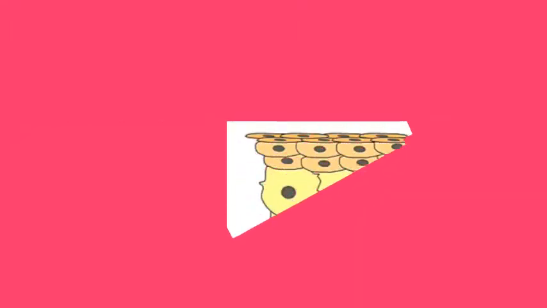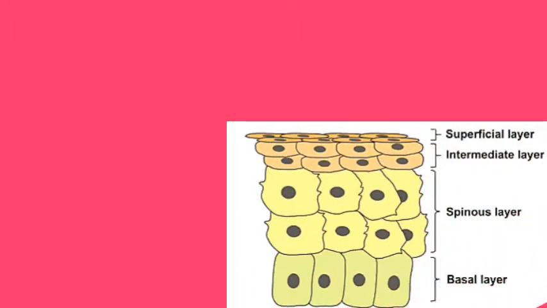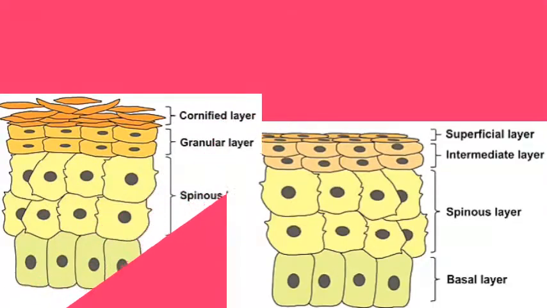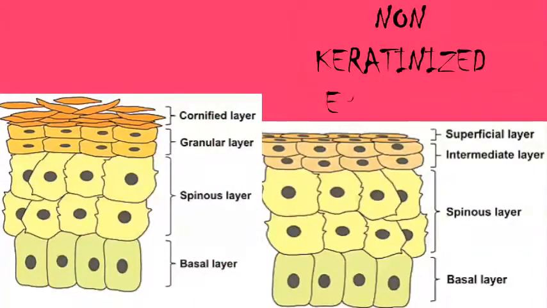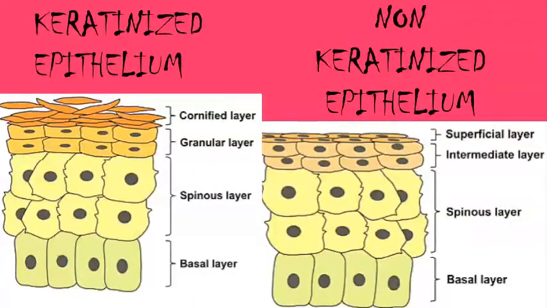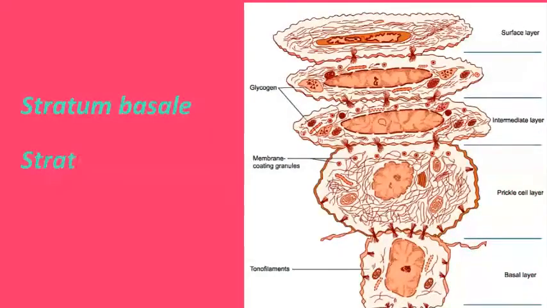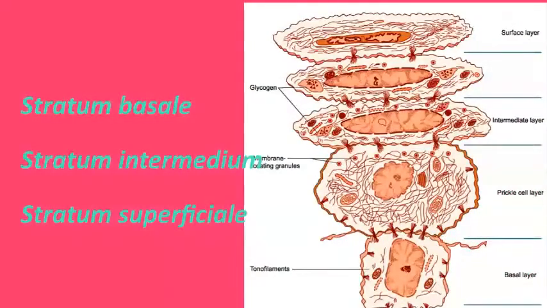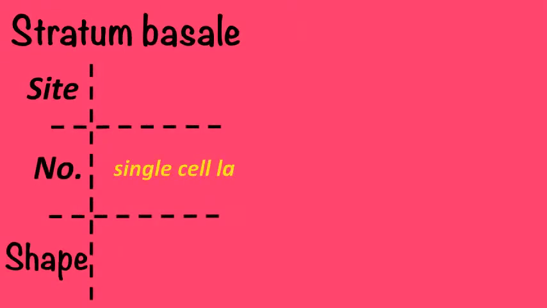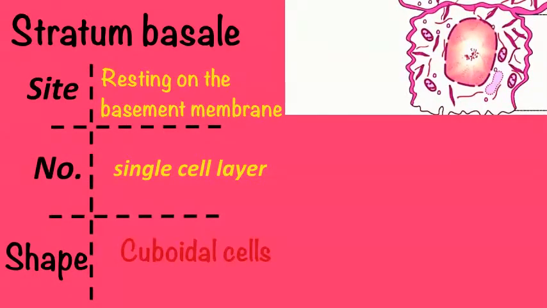Non-keratinized epithelium differs from the keratinized epithelium in that it does not produce the cornified surface layer. The non-keratinized epithelium is made up of three layers: stratum basale, stratum intermedium, and stratum superficiale. The basal cell layer resembles that of the keratinized epithelium.